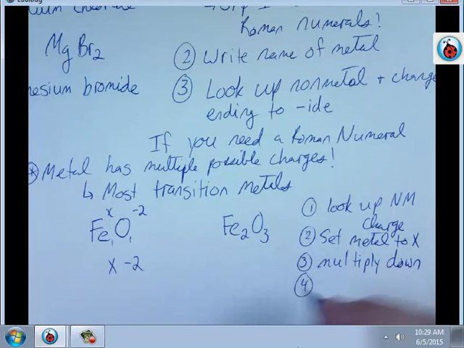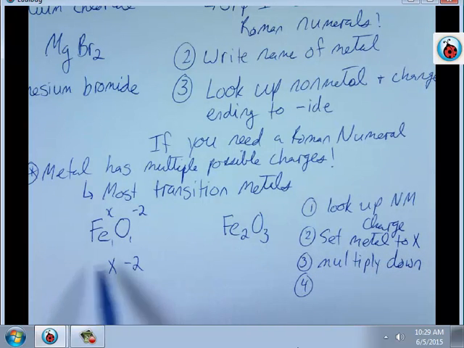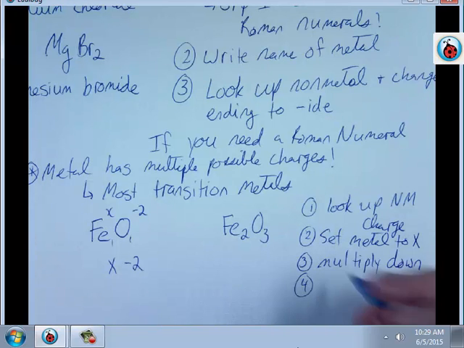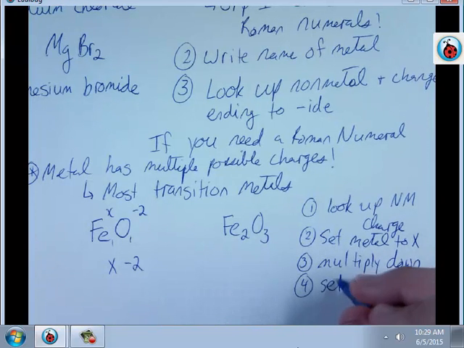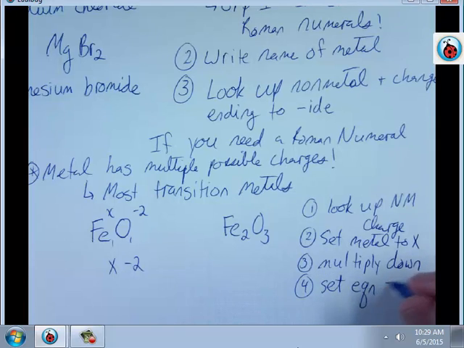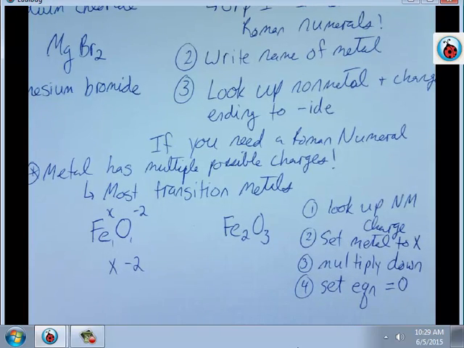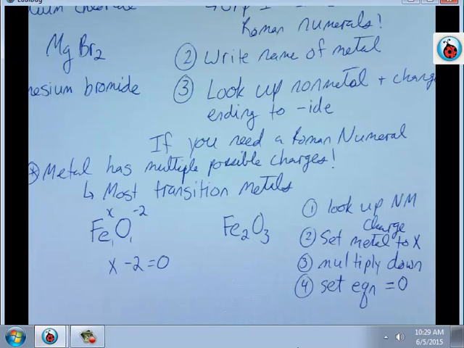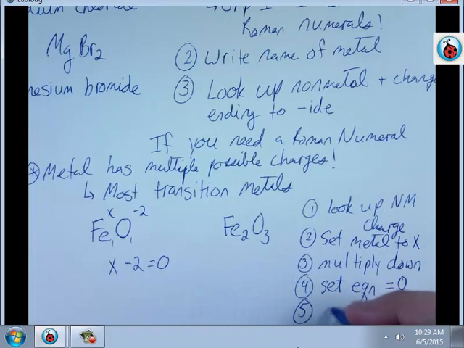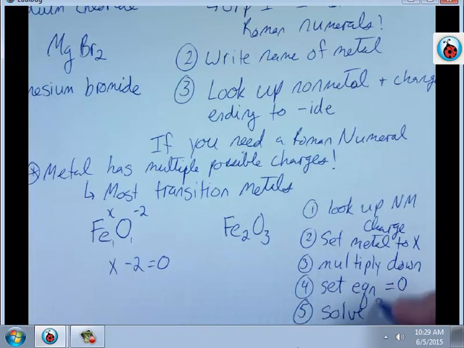X minus 2. And now I'm going to set the equation equal to 0. I don't think I need to state this at this point, but we're going to be solving for X.